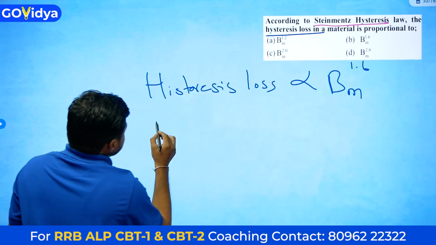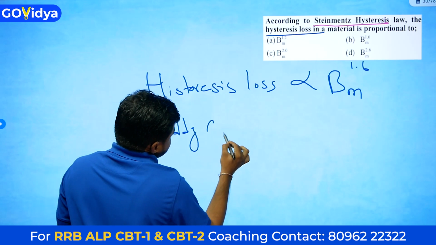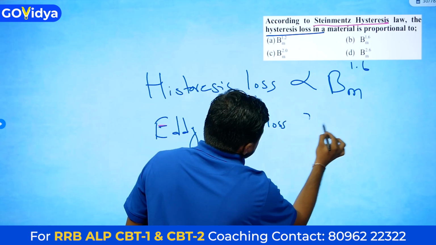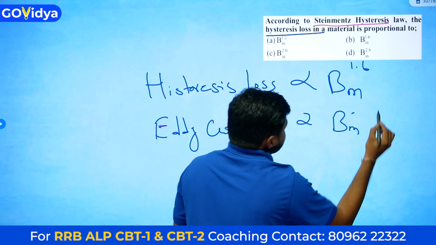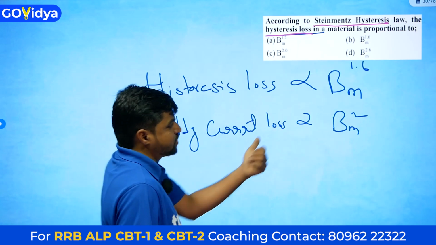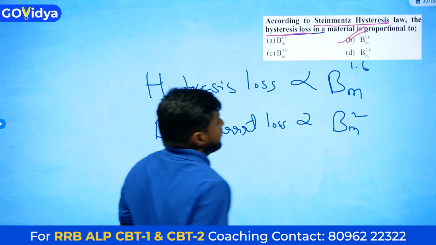Similarly, eddy current loss is directly proportional to Bm square. Here in the question they are asking hysteresis loss, which is directly proportional to Bm power 1.6. Option B is the correct answer.